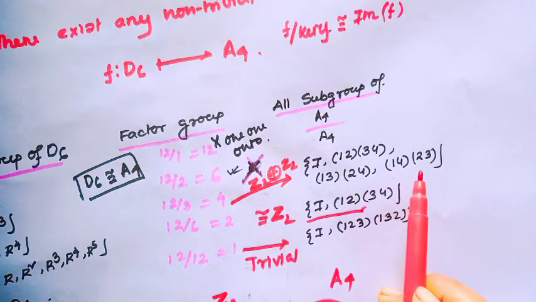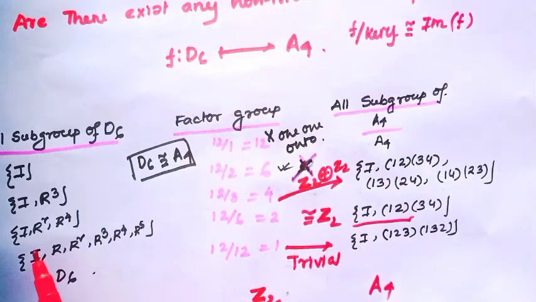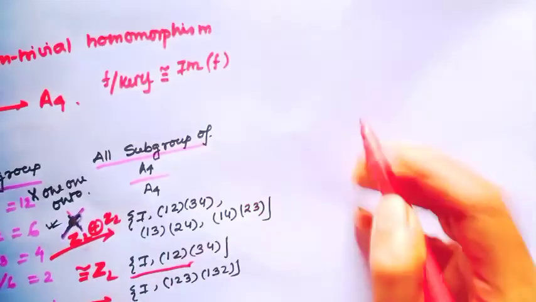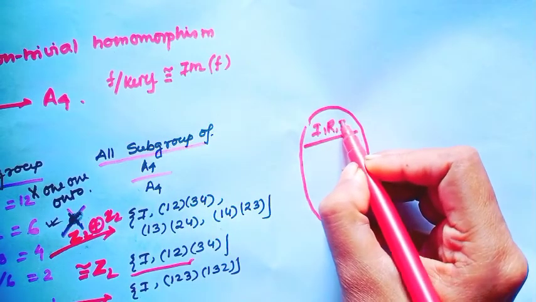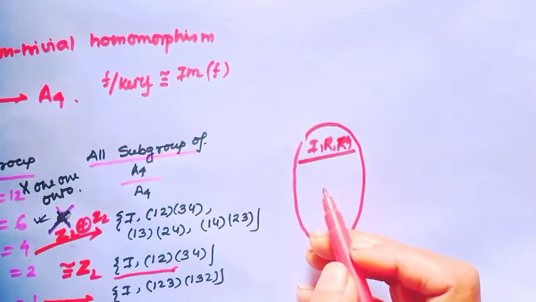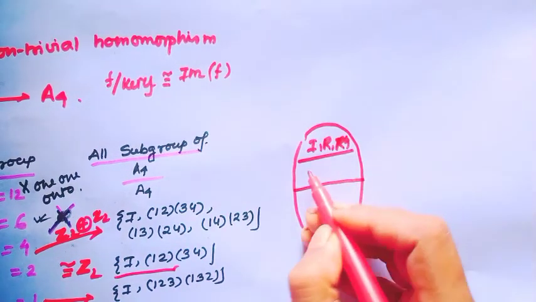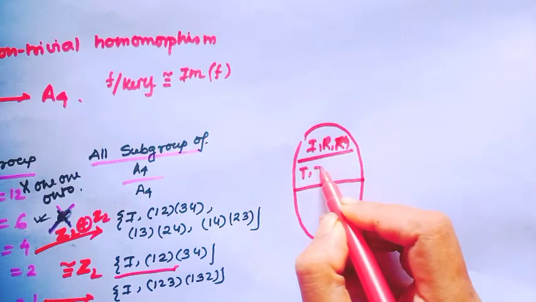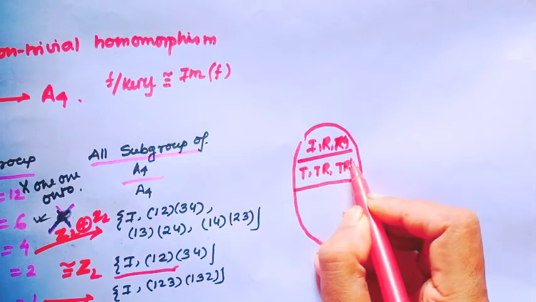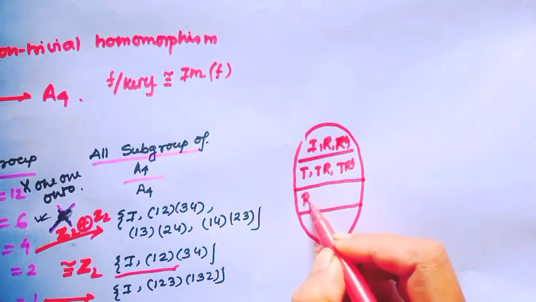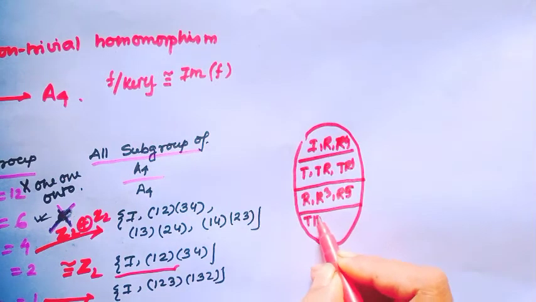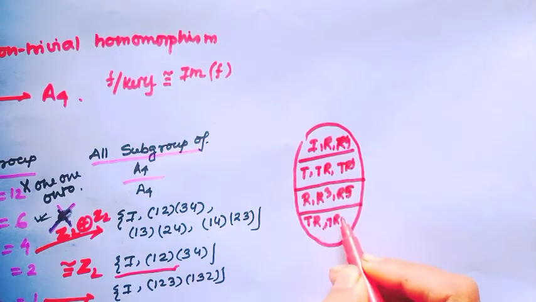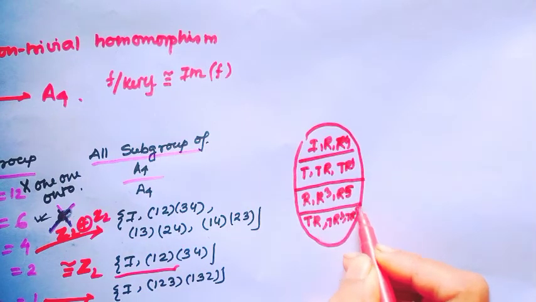And notice this is actually the same as Z2 direct product Z2 because all the elements of this subgroup are of order 2. Here the normal subgroup is I, R to the power 4, and the left coset as well as right coset are one coset T, TR to the power 4, another R cube, R to the power 5, and the other is TR cube, TR to the power 5.